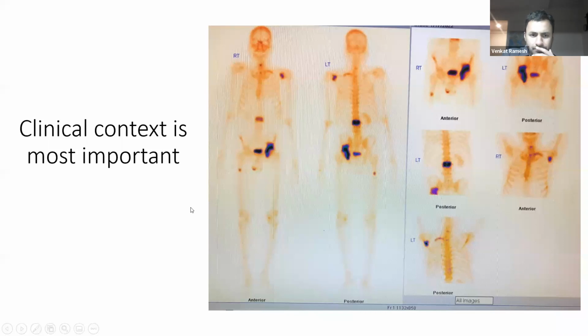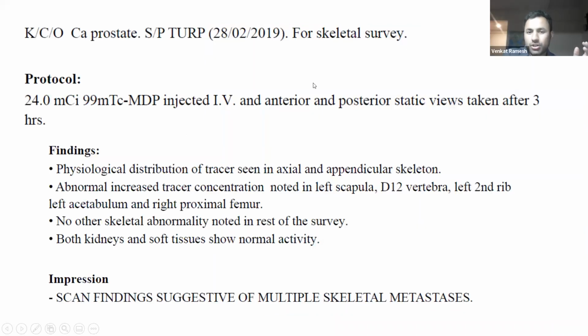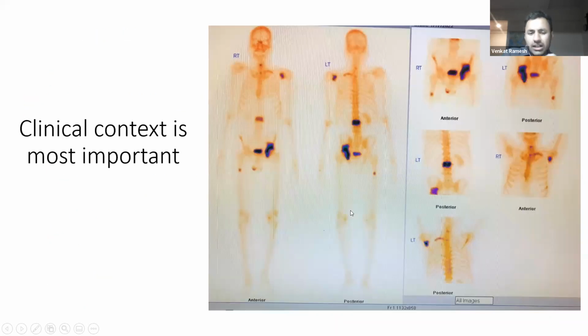This gentleman was initially told, because of his young age and so many lytic lesions, that the thought was multiple myeloma. But when we did a whole body PET, we found evidence of lymph node involvement. So clinical context is very important. This was actually a patient with carcinoma prostate, with a skeletal survey showing multiple skeletal mets. So it's very important to understand the clinical context.